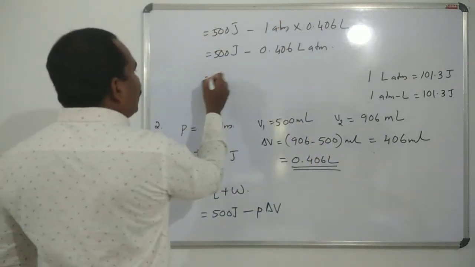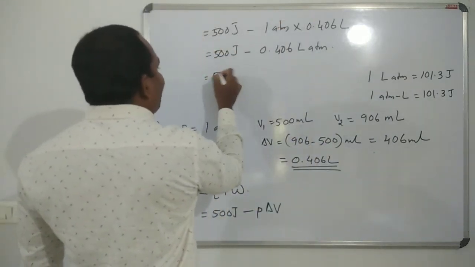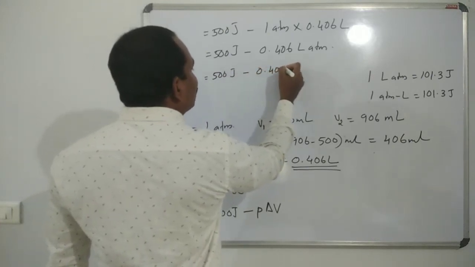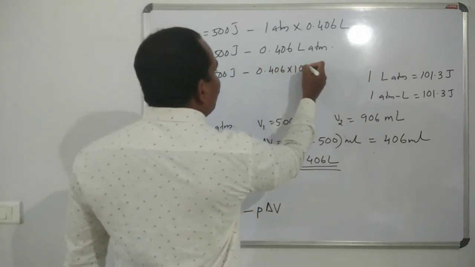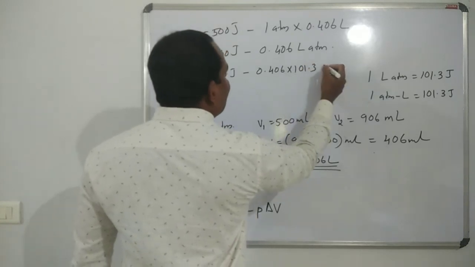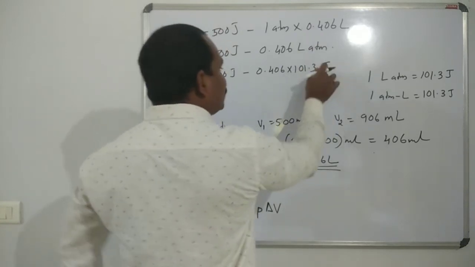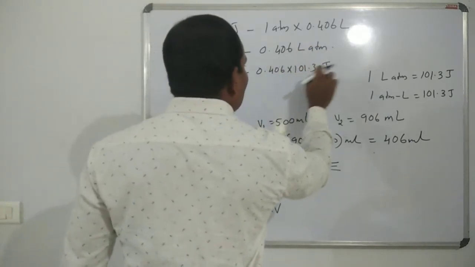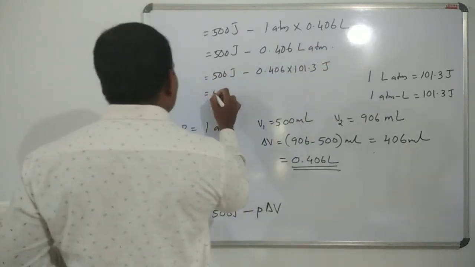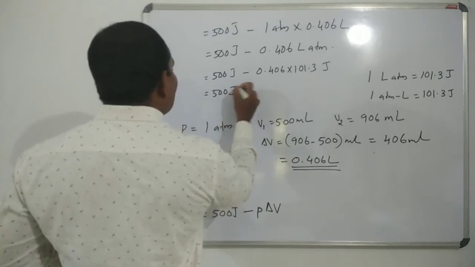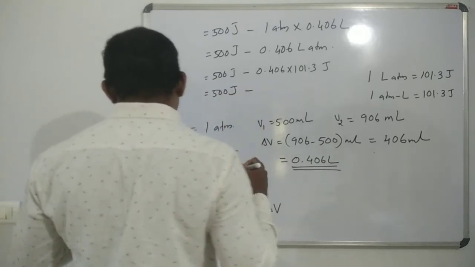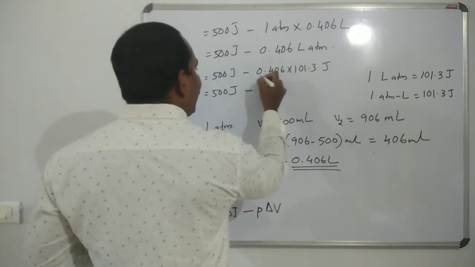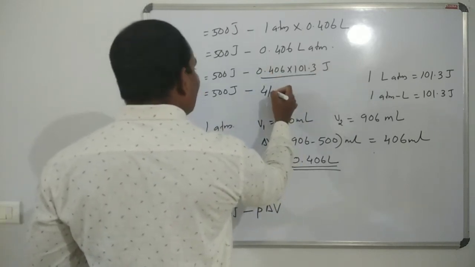Multiply here. Okay, 500 joule minus 0.406 into 101.3 joule. Now it is in joule. Okay, 1 liter atm is equal to 101.3 joule. What is the value? 500 joule minus, the answer is 41.13 joule by multiplying this.